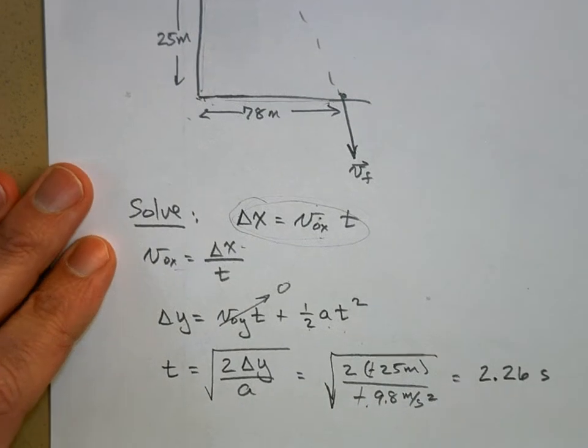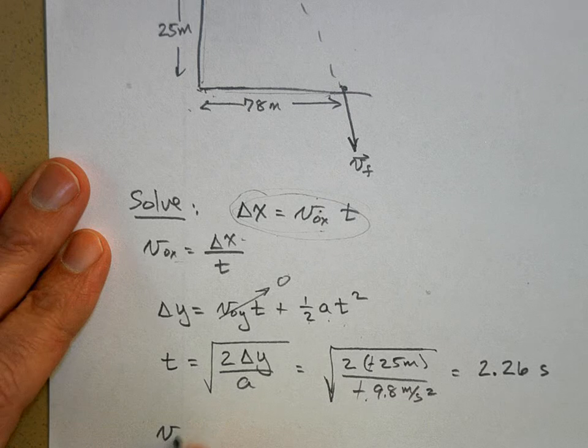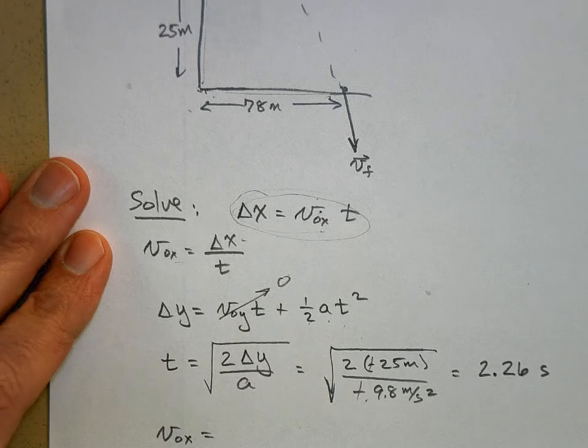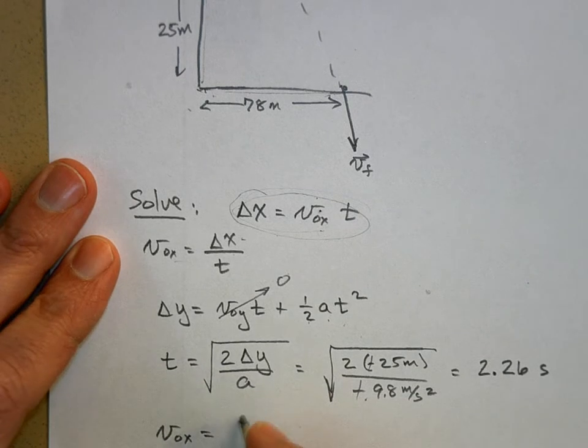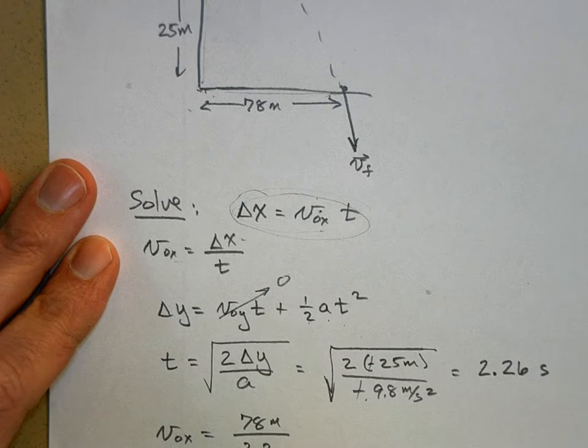Okay. Now this is what I need to figure out the initial velocity in the x direction. It's delta x, which is 78 meters, and I'm going to divide that by 2.26 seconds.